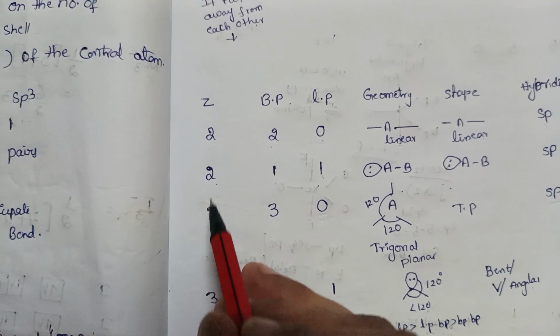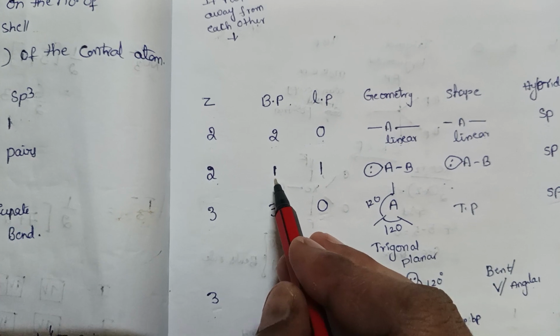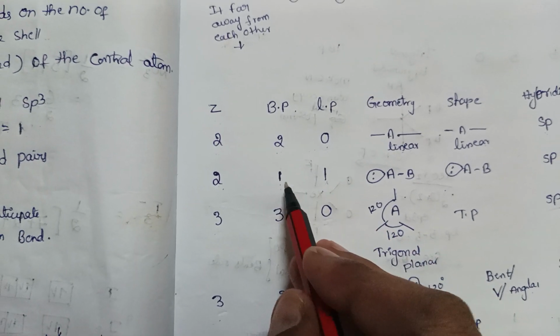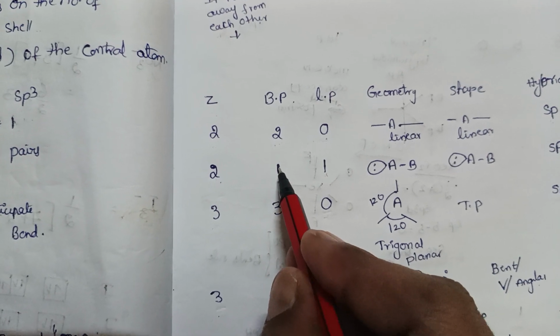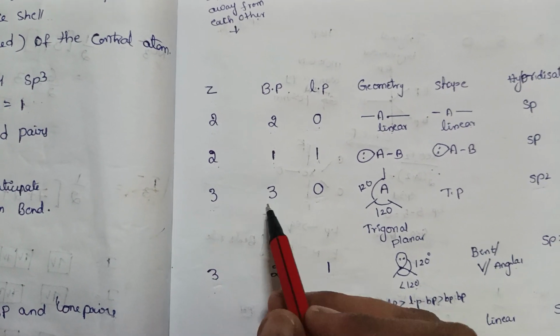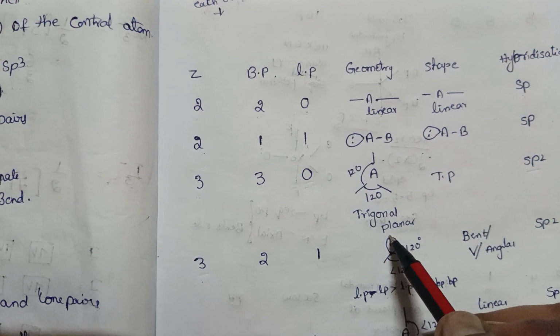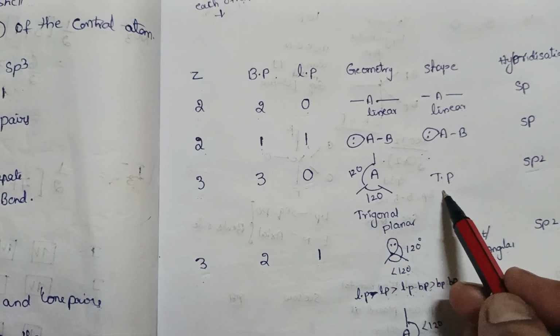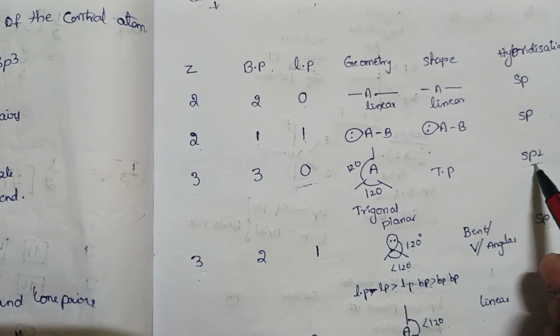If the Z value is 2 with one bond pair and one lone pair, it does not participate. If the Z value is 3 with 3 bond pairs and 0 lone pairs, the geometry is trigonal planar, the shape is also trigonal planar because there are 0 lone pairs, and the hybridization is sp2.